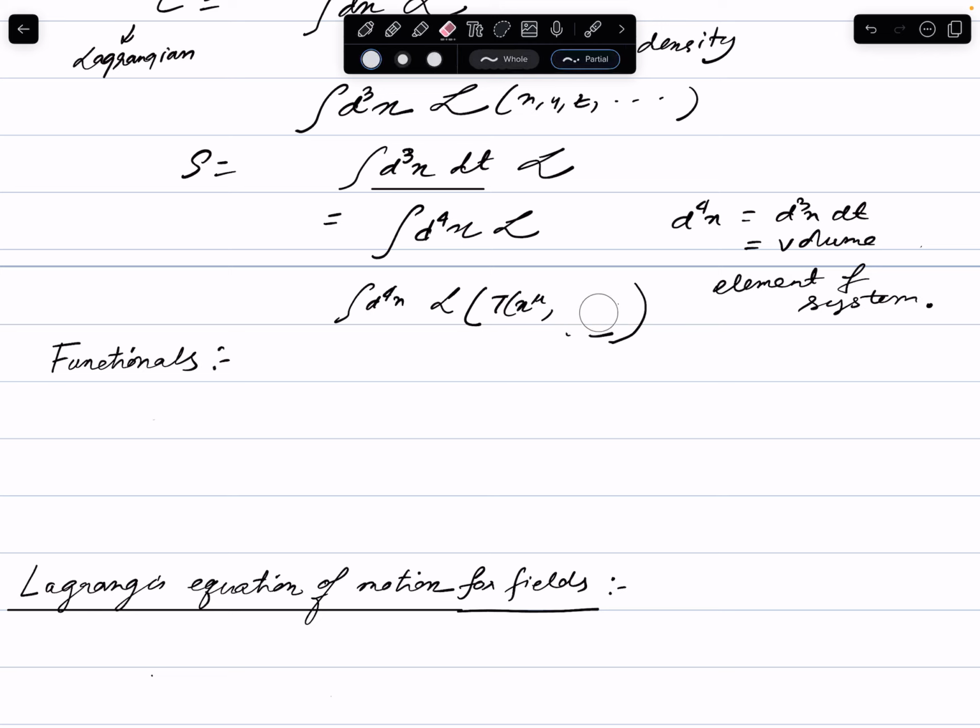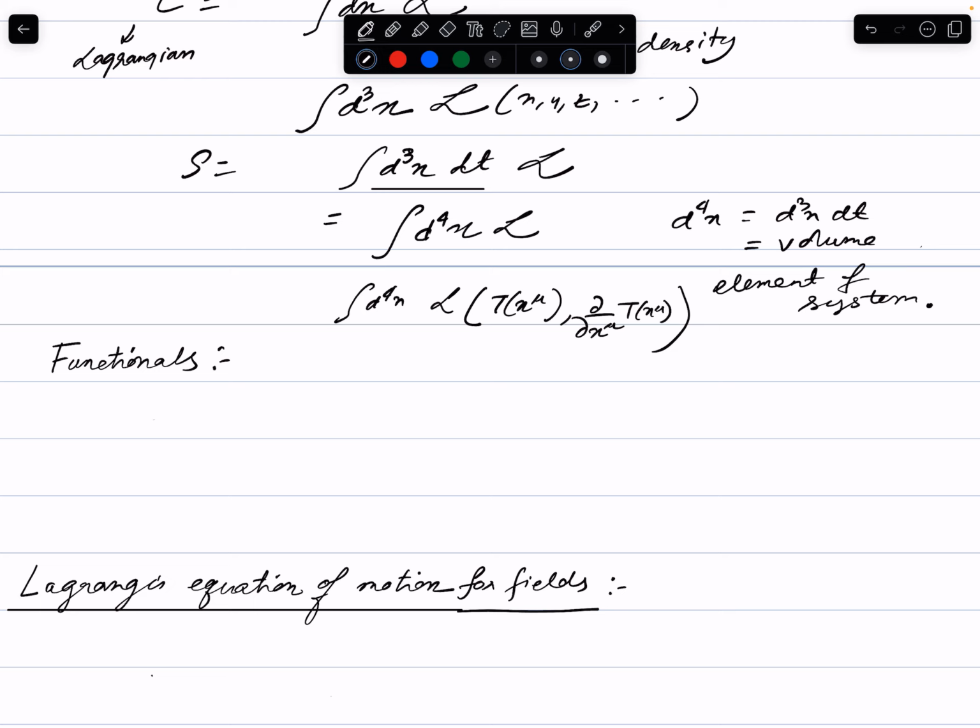Sorry, my bad. So it will be a function of t del x and all the derivatives of t. So del x mu of t. Okay. This means all the derivatives. x0 is the derivative with time, x1, x2, x3. All the derivatives. Okay, so this is the kind of form that the Lagrangian will take in general.